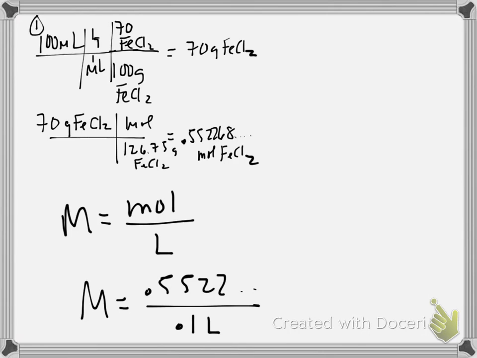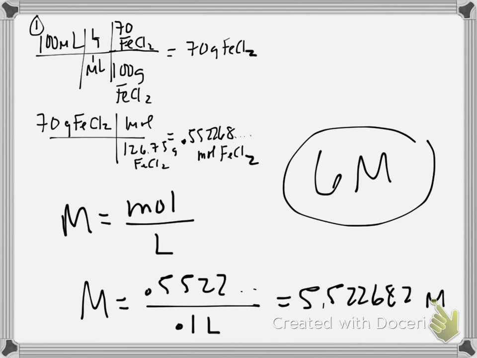So that 100 milliliters would be 0.1 liters. So we get 5.522682 molar concentration. Based on that 70, we're going to honor sig figs from the table. That gives us 1 sig fig to play with, and that would give us a 6 molar solution. Unusual that we'd have 1 sig fig to play with, but sometimes that's the way it goes.